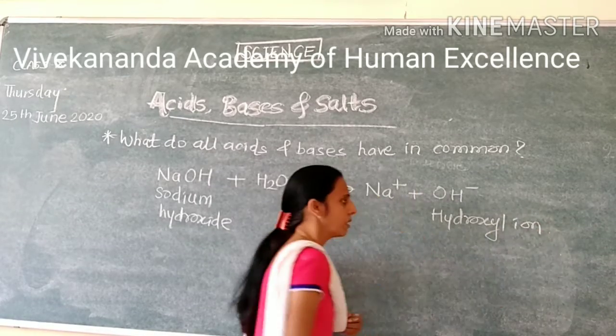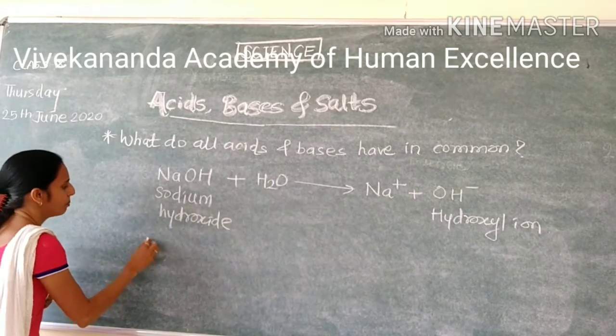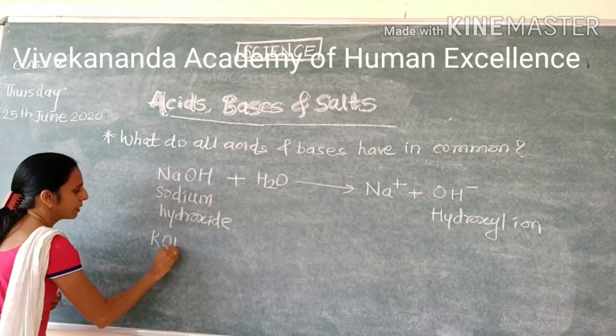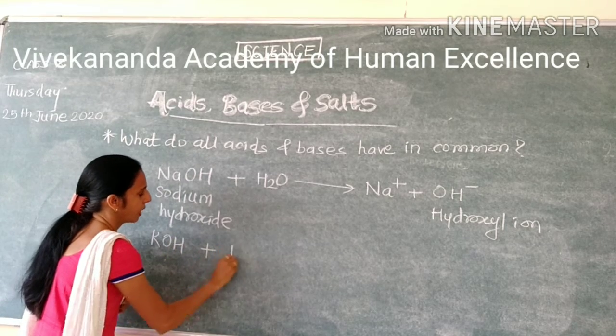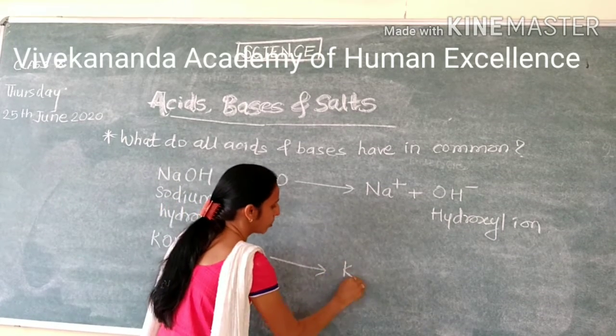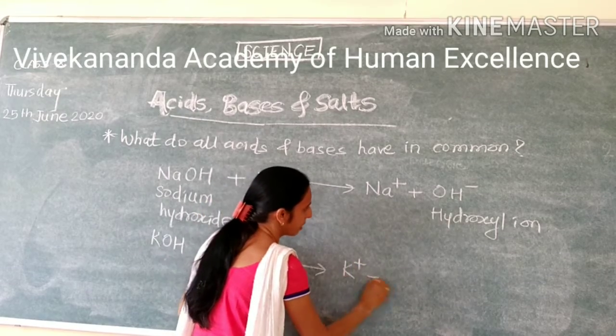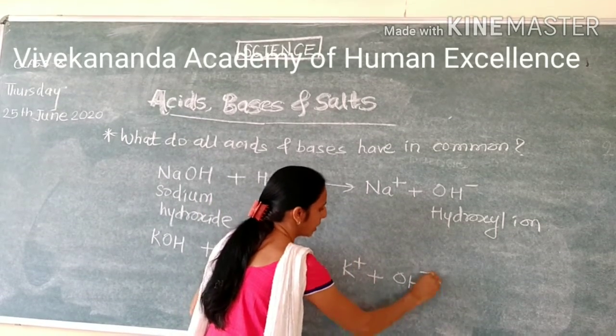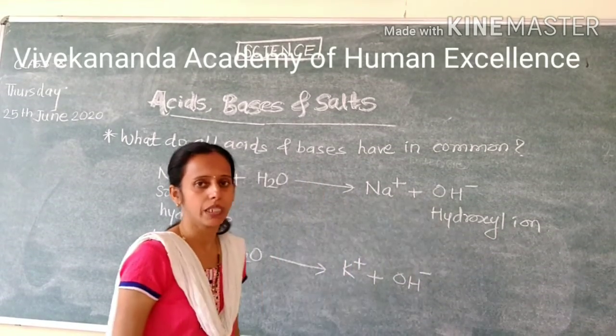Hydroxyl ion. Another example of base is potassium hydroxide. When it is diluted with the water, there is also separation of K plus positive ion and OH minus, that is negative ion.